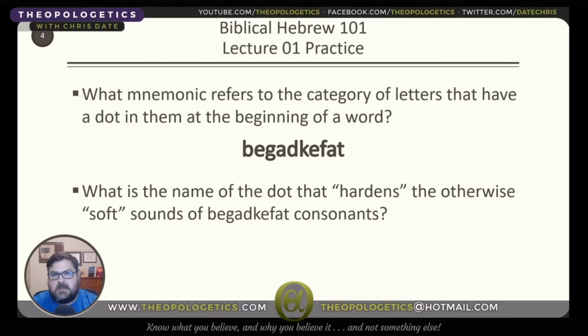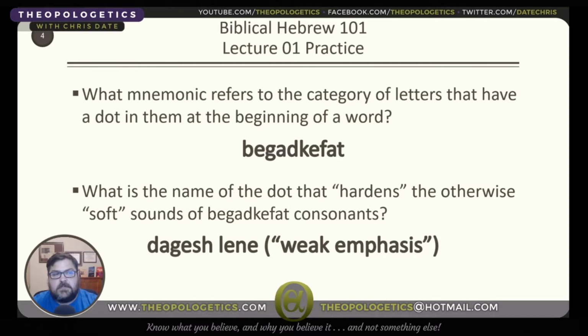What is the name of that dot? The answer is dagesh-lena, meaning weak emphasis. Or if you really want to impress modern Hebrew speakers, you might call it the dagesh kal, dagesh kal.